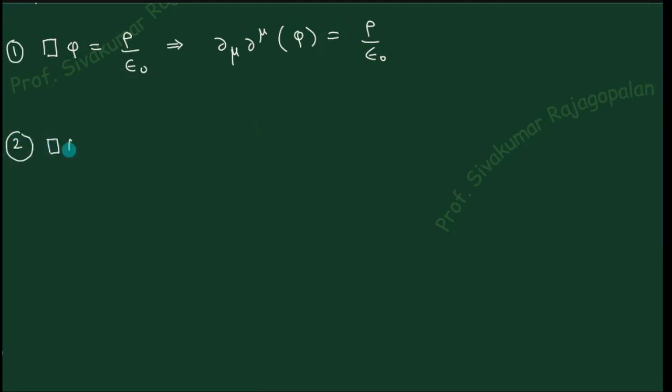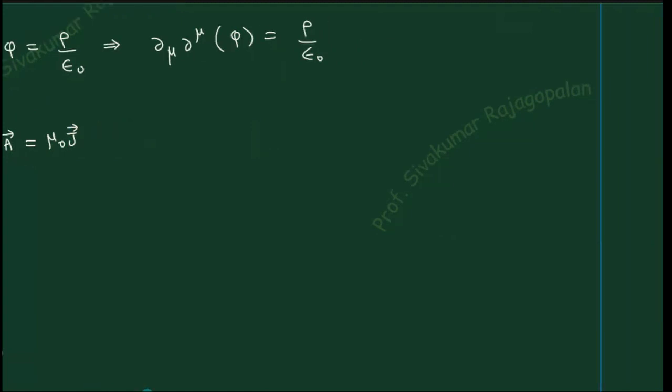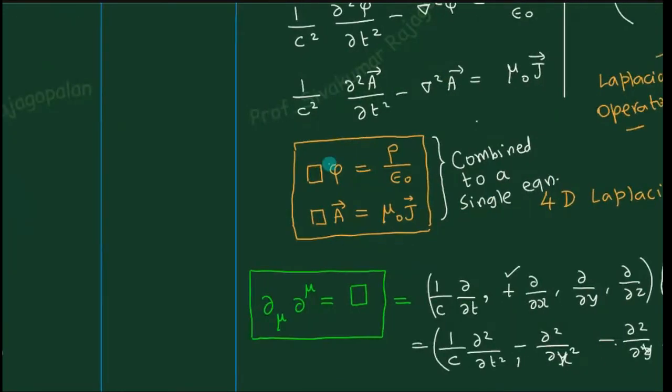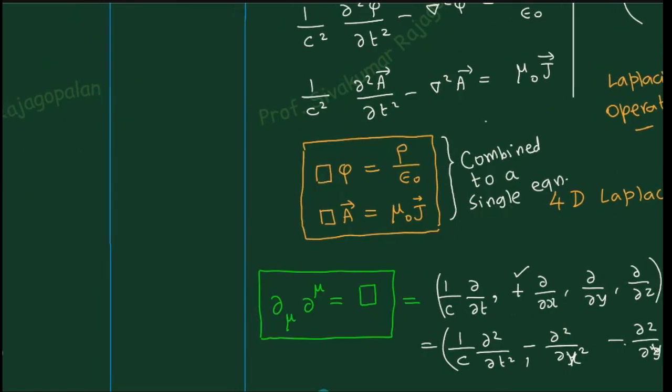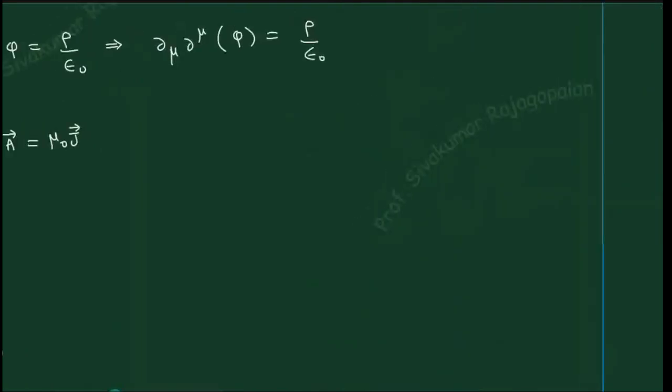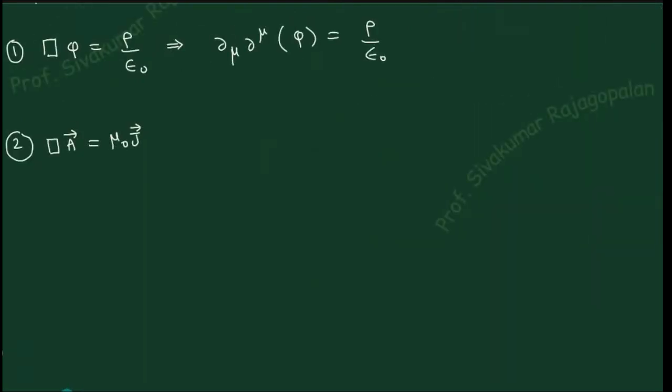The second equation is box operating on A equals mu naught J. Okay, I'm writing the same thing, remembering that the box is nothing but ∂μ∂μ. So the box operator is exactly rewritten as ∂μ∂μ. That's all. This phi is this phi only.